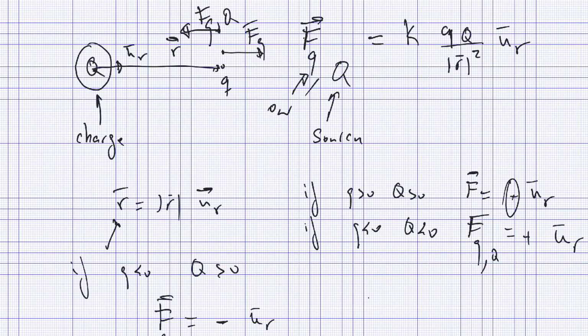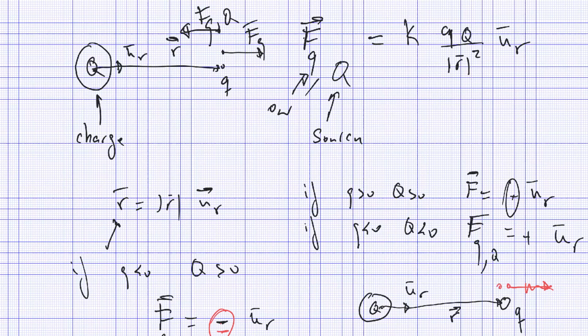So the force, this is the source, capital Q, this is the point of observation where the small q is here. This is the vector r from the source. This is the vector u sub r, and in this case, the force on little q is not going to the right, it is attractive, going in the minus direction.